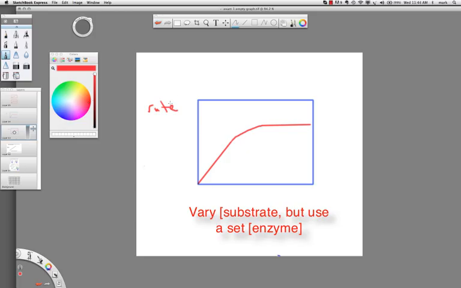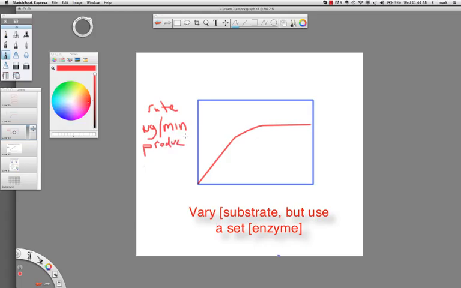And not just how much is made, so here's a quantity of product, micrograms, say. But per unit time, so micrograms per minute. This is our dependent variable. Micrograms per minute of product is a typical value.